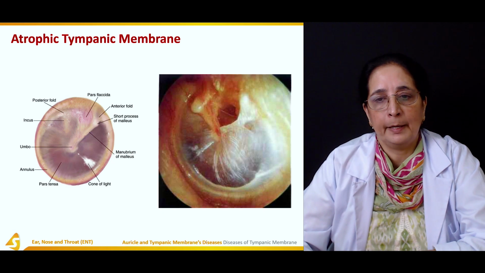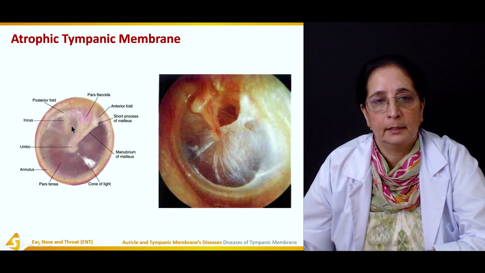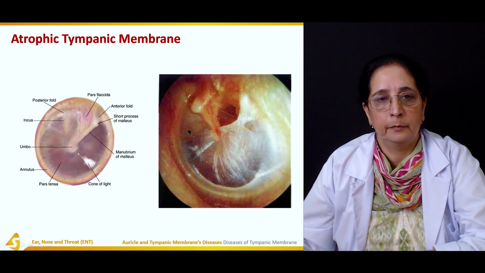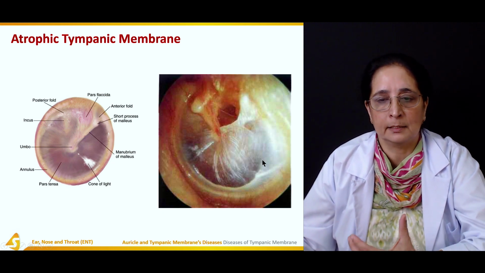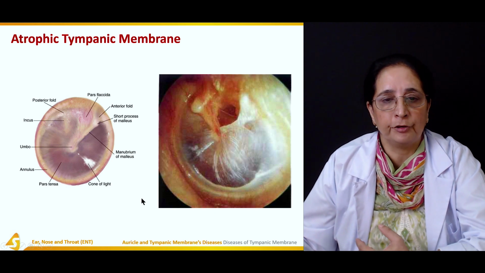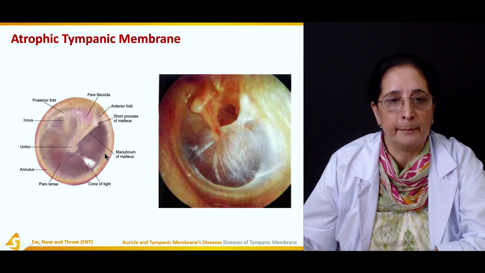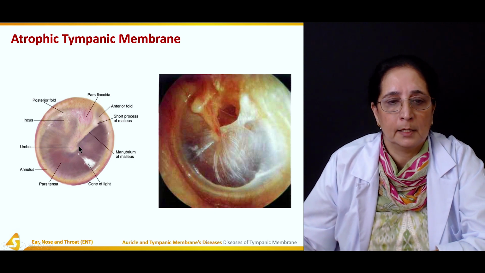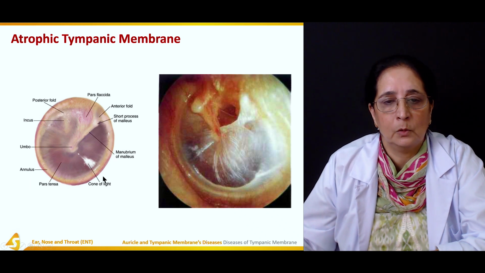Atrophy of the tympanic membrane. There is an atrophic tympanic membrane, poorly developed, thin, shrinking of the tympanic membrane. So this is the pars flaccida, pars tensa, umbo, annulus, cone of light, manubrium of malleus.